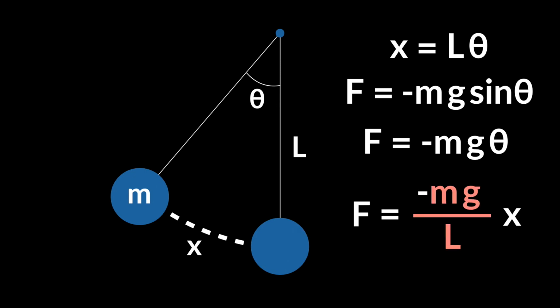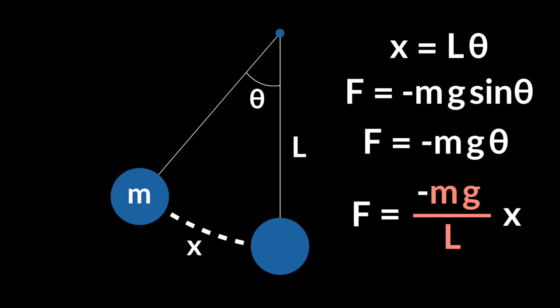In this case, k is mg over L. Since we have it in this form, which is also known as Hooke's law, the motion is truly simple harmonic. We can use this value of k and substitute it into the equation for a simple harmonic oscillator, which we had in the previous video. If you haven't watched that, you should check it out now.